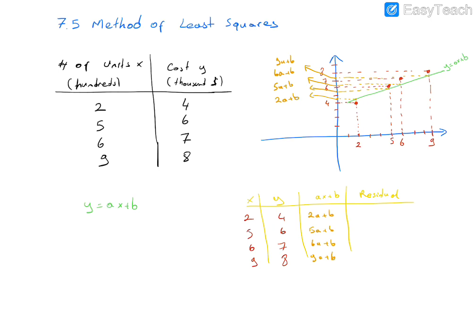Our aim is to find the best line. So, according to this aim, we will minimize the differences, actually the square of the differences, but let's first of all calculate the residuals. Our aim is to minimize the differences between these two values.